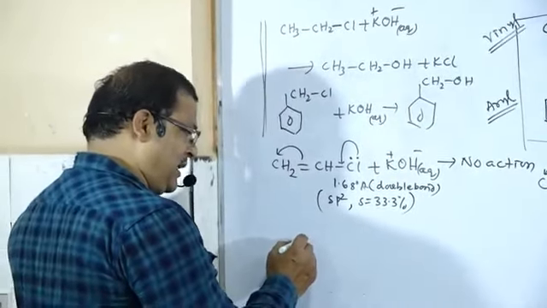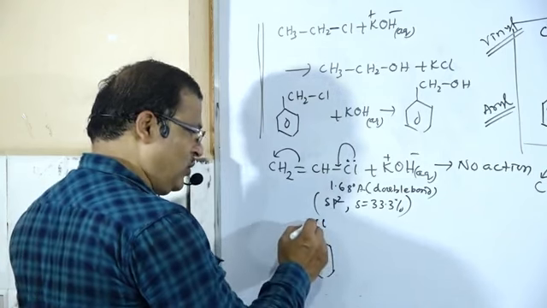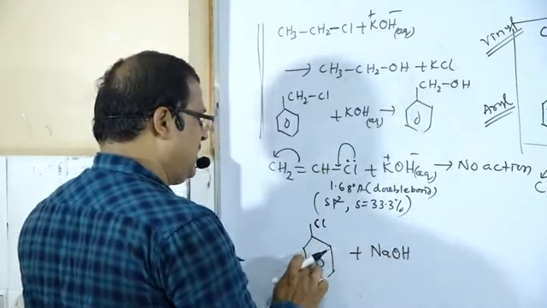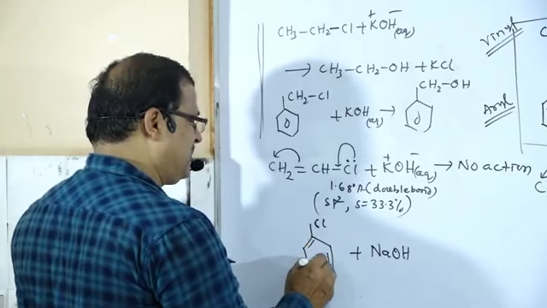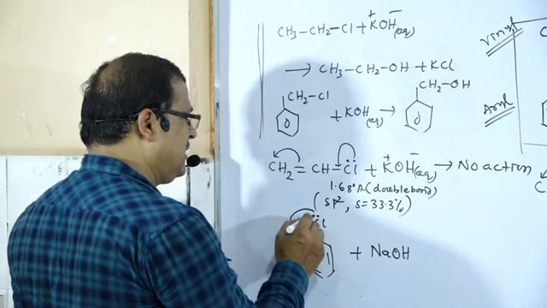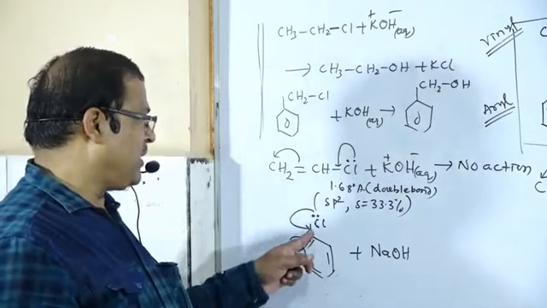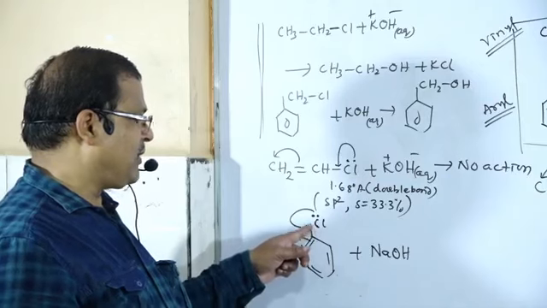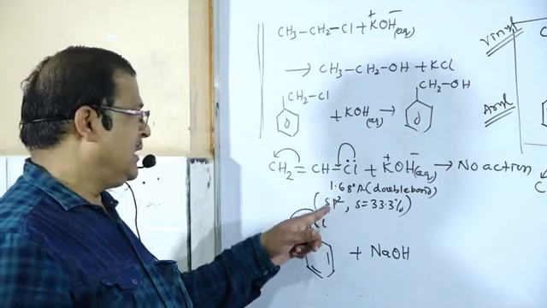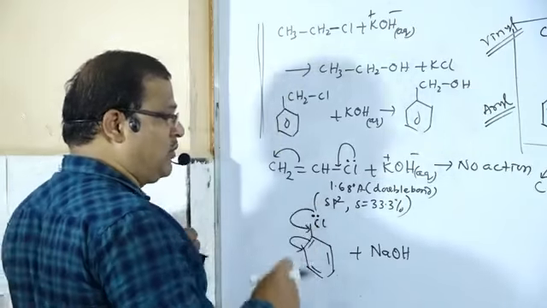Similarly, if we take the example of chlorobenzene with NaOH, because of conjugation, resonance takes place, and there is the development of carbon-chlorine double bond character, same reason. The bond length will decrease to 1.68, the carbon is sp2 hybridized, the s character is more, therefore the carbon-chlorine bond strength is more.